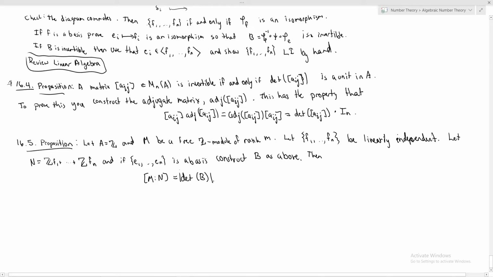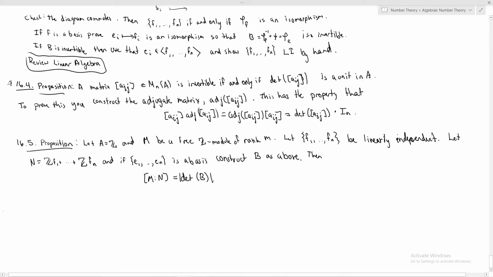So we already know one case of this. In the case that this determinant is plus or minus 1, then this equality says that N equals M, so this index is 1, if and only if B is invertible, which we already knew because if B is invertible, then these are a basis, and if these are a basis, then B is invertible, and so the determinant has to be plus or minus 1.